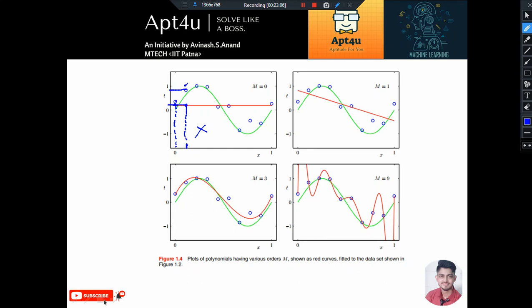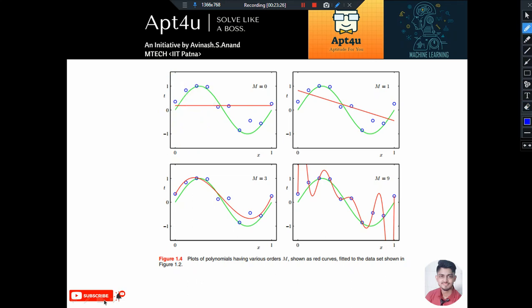For this point, the predicted value will be the same, and the actual value is this. So there are lots of errors present here, so it is actually not at all following the pattern.